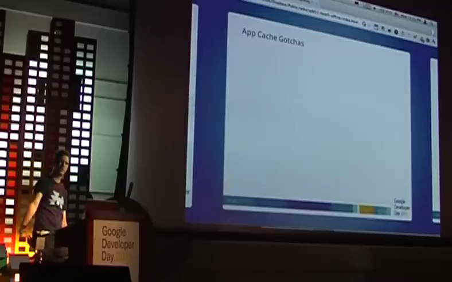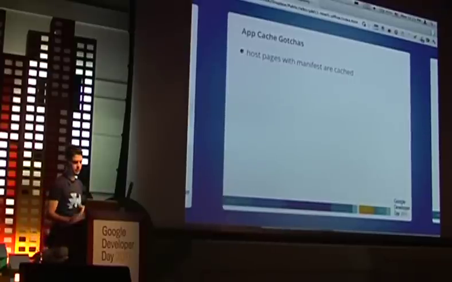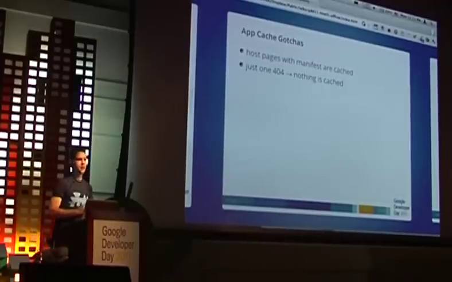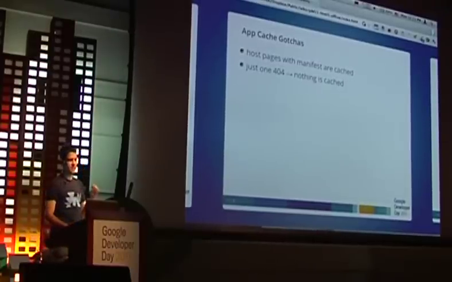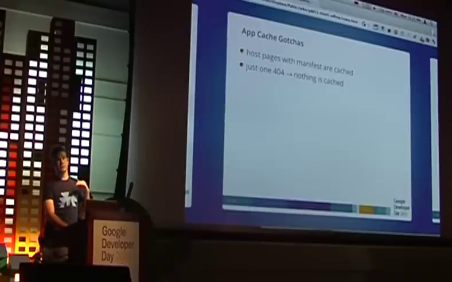And there's a few gotchas too when you're dealing with the app cache. The first is that the HTML page itself that is requesting that manifest will always be cached. So you could list it under the cache section, but you don't need to. It's just included by default. The next is, if the browser is going through the files that it needs to request, and it gets a 404, it just cancels the whole thing.